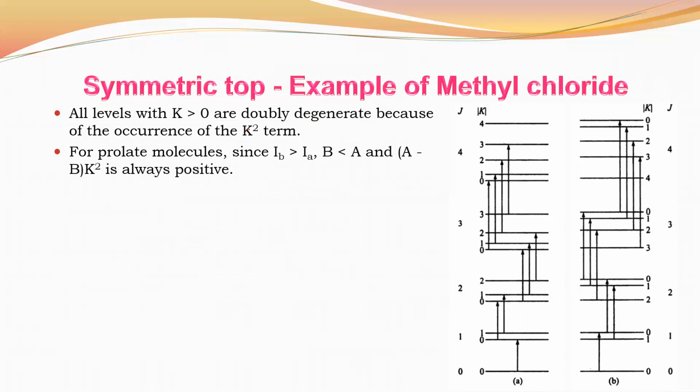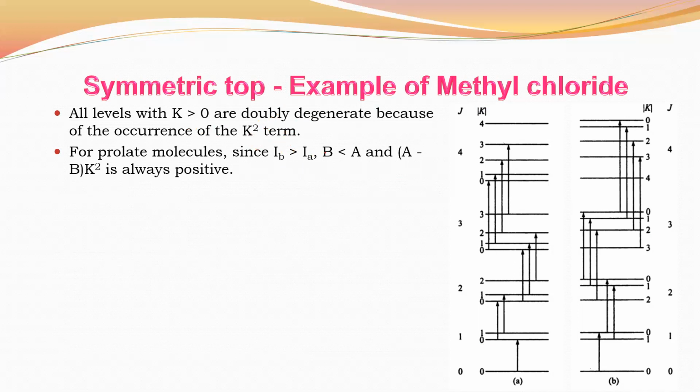We know that in the expression of energy there is a K square term. So for a particular value of K square, when we take its root, we get plus and minus values, plus K and minus K. So there must be two different levels corresponding to a particular energy. So it is doubly degenerate.